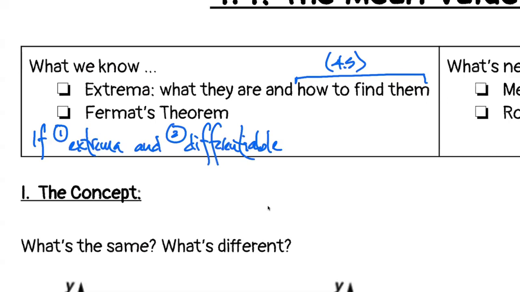Just extrema and differentiability, then that point will have a horizontal tangent line. All right. So if something has an extrema and it's differentiable, then you are always guaranteed that the slope at that point is going to be equal to 0.